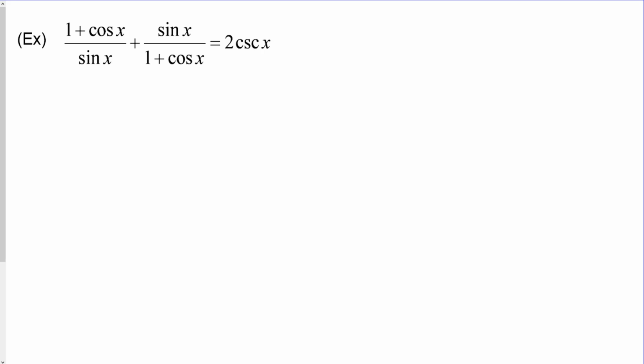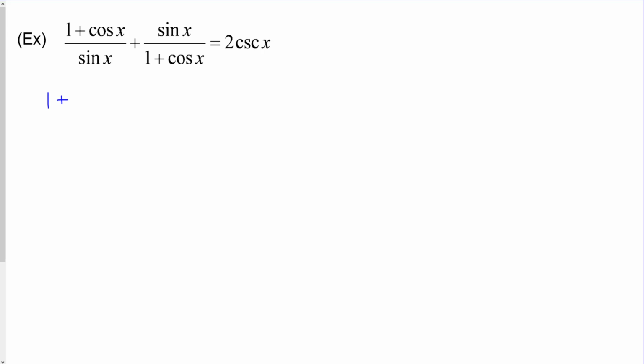Here's another problem. 1 plus cosine x over sine x plus sine x over 1 plus cosine x equals 2 cosecant x. All right, so obviously the left-hand side is the more complex side, so let's begin there.